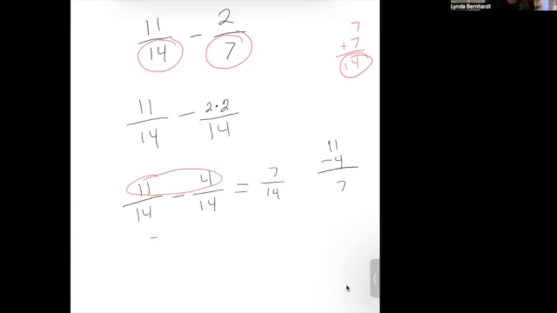If you have 7 over 14, that's going to simplify to what? 1/2. So that would mean your answer of 11 over 14 minus 2 over 7 actually equals 1/2. Crazy, right? So there you go.